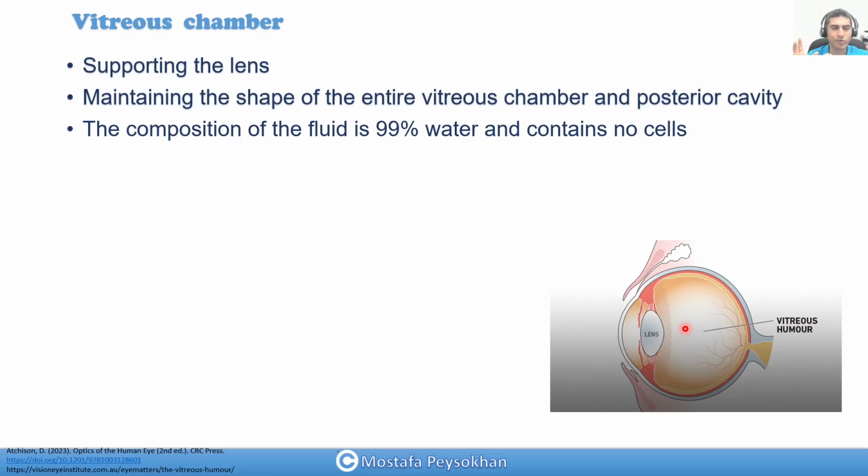When you get old, there is a chance that you can see small particles when you're looking at objects. Particles in that liquid cause scattering, and you see something like floaters, a condition that happens because the water has some particles in it. Otherwise, it is a very pure jelly-like liquid of water with no cells.